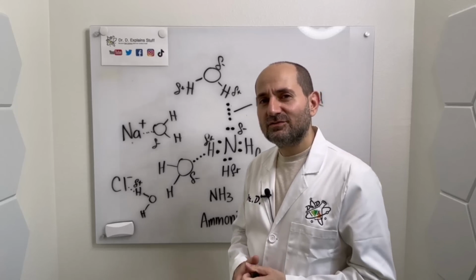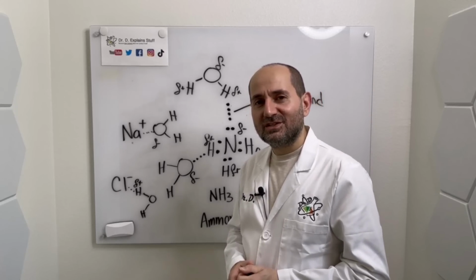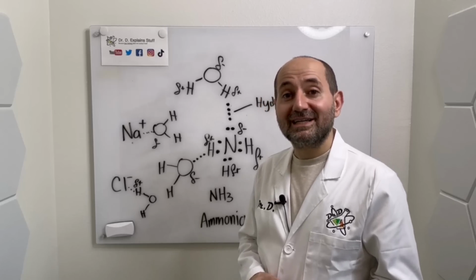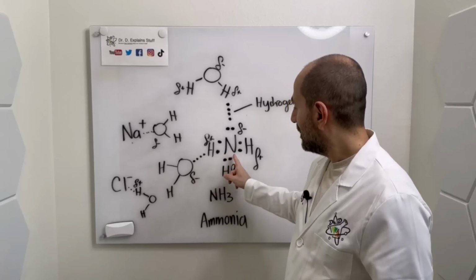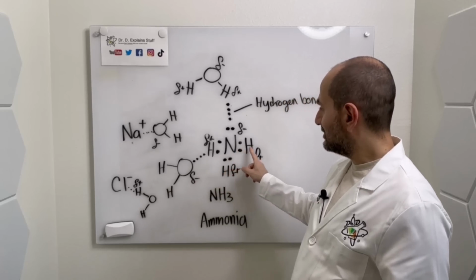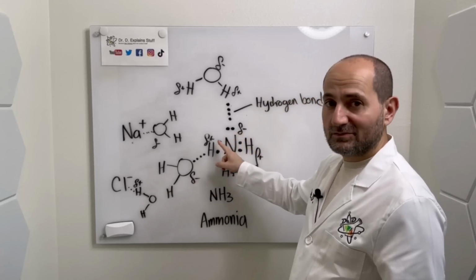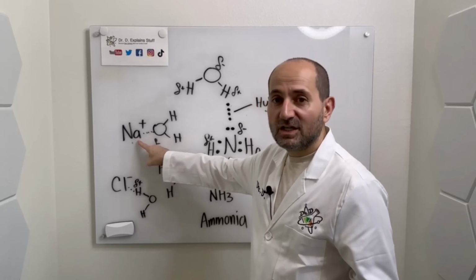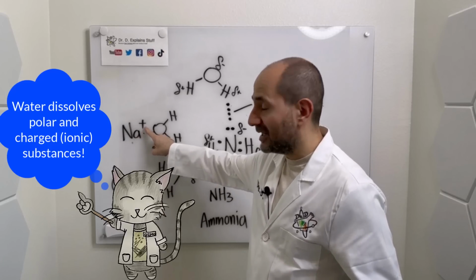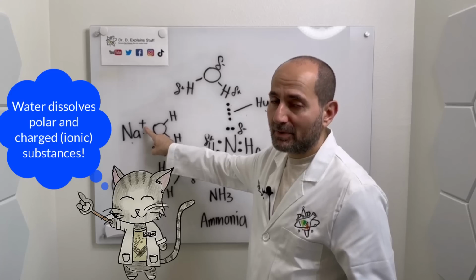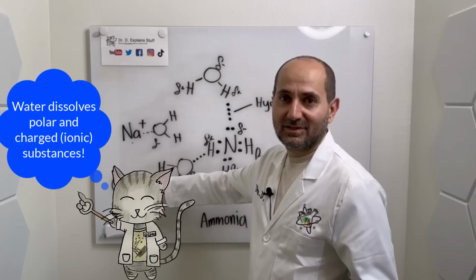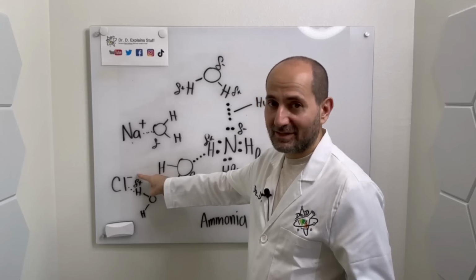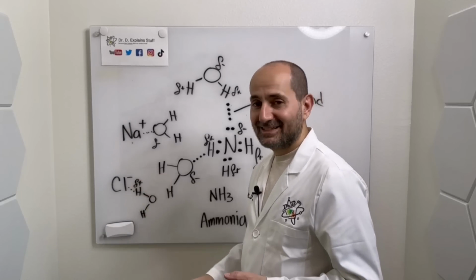So what kinds of substances can be dissolved in water? Again, water can dissolve anything that's polar, that means it has partial charges, or charged, that means ions, either cations, positively charged ions like sodium, or anions, negatively charged ions like chloride. Isn't that neat?